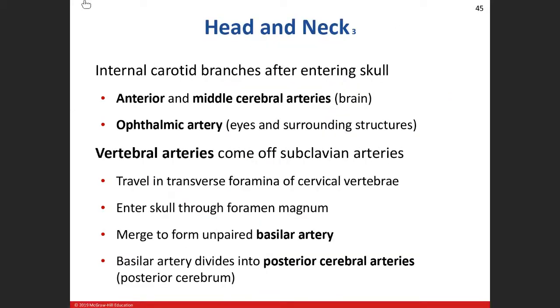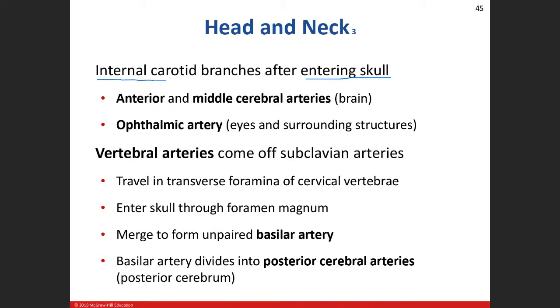Okay, so let's talk about some of the blood vessels in the head, and we're going to get into the actual internal portion here. First, keep in mind, the internal carotid artery is going to enter into the skull through the carotid canal.